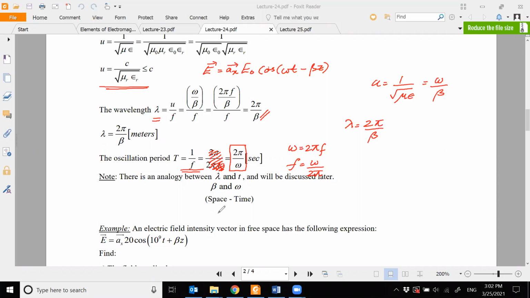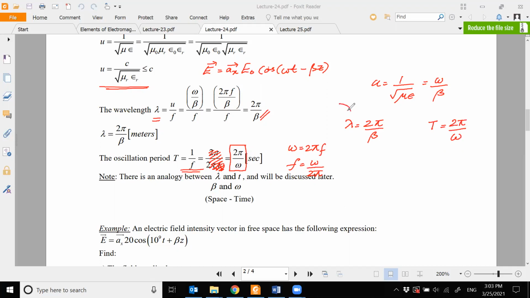Therefore, I can say that my time period is equal to 2 pi over omega.